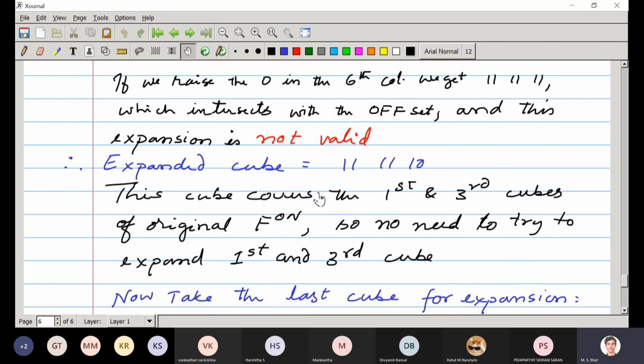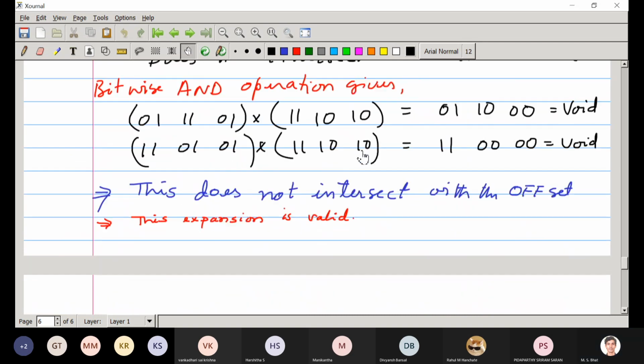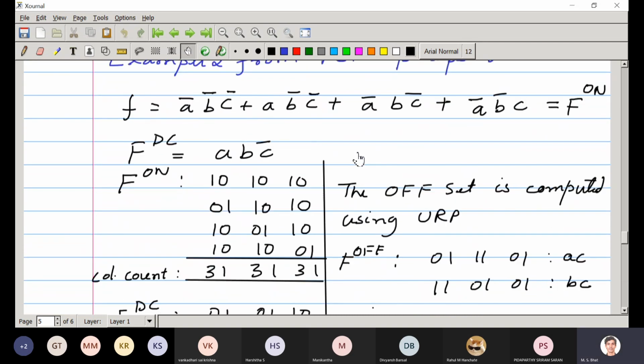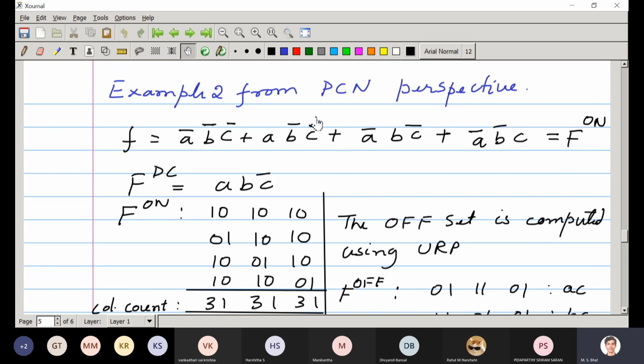Okay. But we can also see that just C bar covers the first and third cubes of the original onset. If you look at the original onset, we started with this expansion of this, and we have expanded this to just C bar. Then C bar encloses A bar, B bar, C bar, as well as A bar, B, C bar.